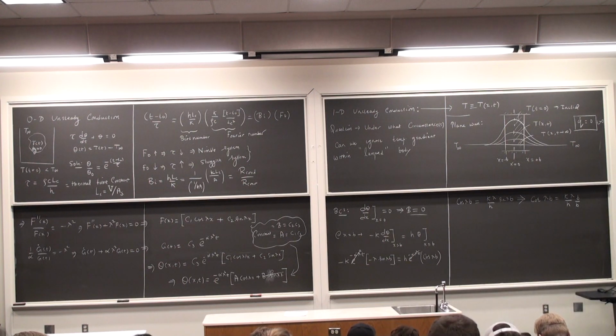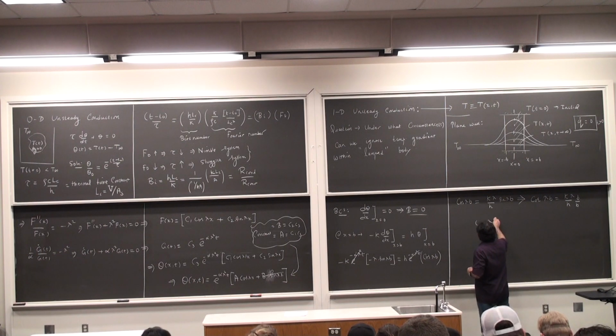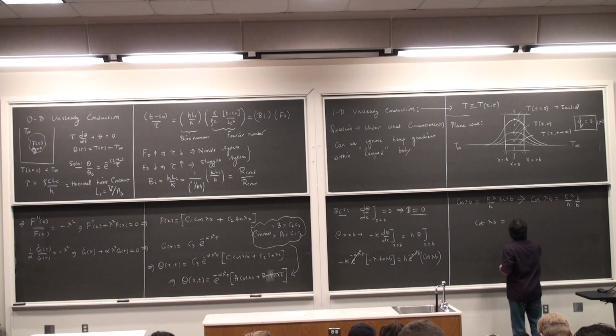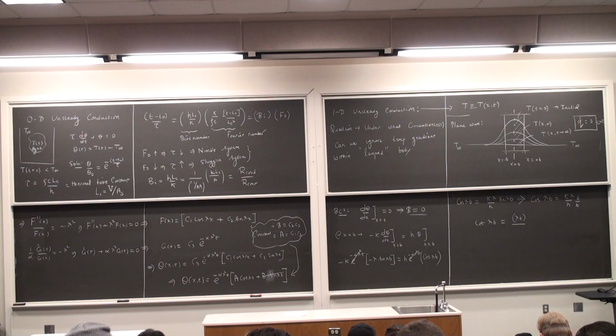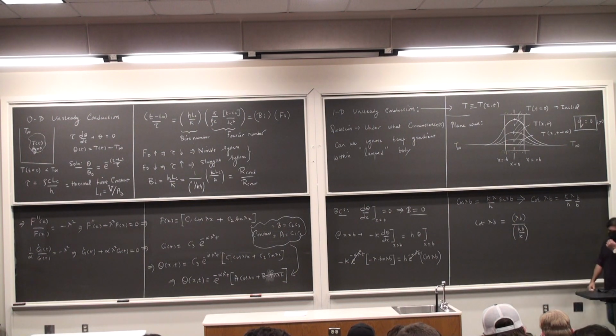And so if I look at this now, I end up with the following. So cotangent lambda b is lambda b divided by, think of this b as a characteristic length and rearrange it as hb by k. Do you recognize this creature in the denominator?